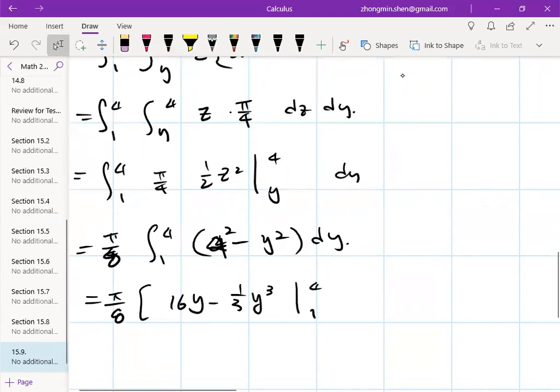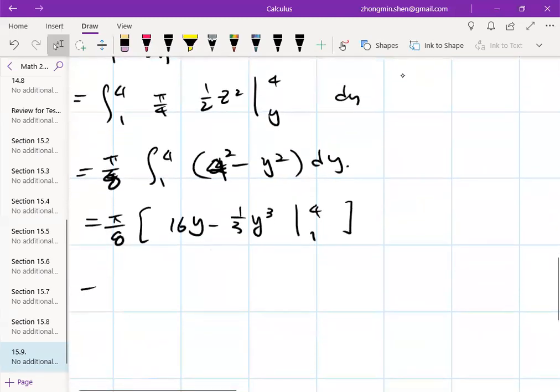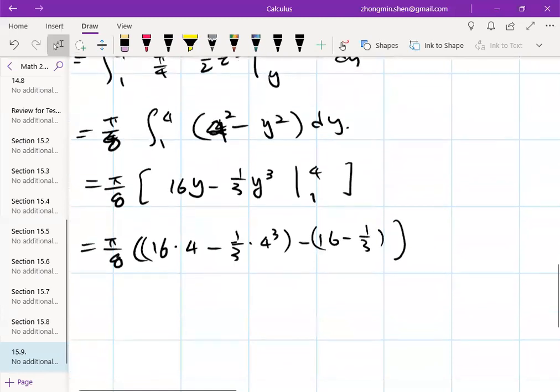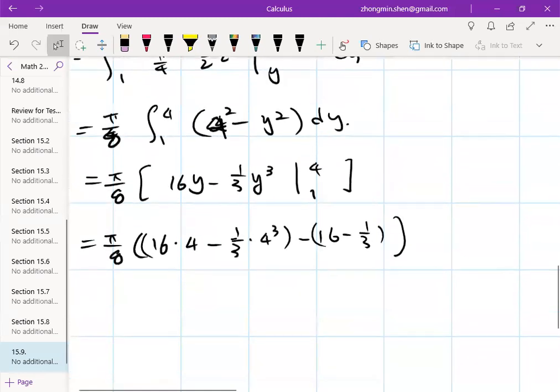Evaluate at the two endpoints. So 16 times 4 minus 1/3 of 4 cubed, and then minus the value at 1, plugging 1 for y. So you get the answer. The first part, let me check.